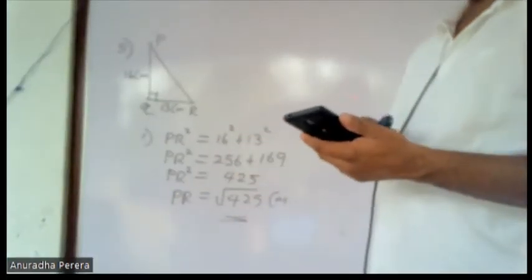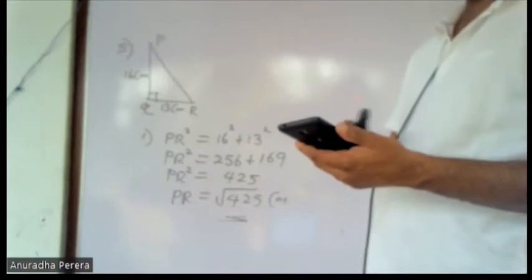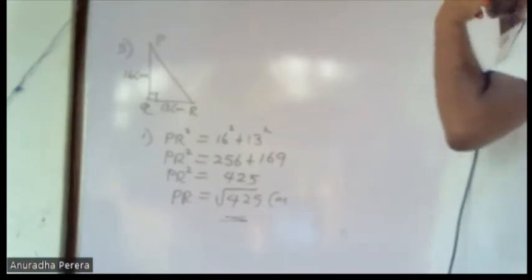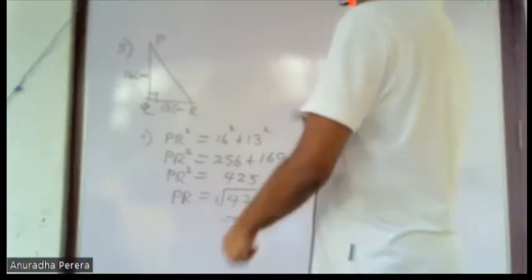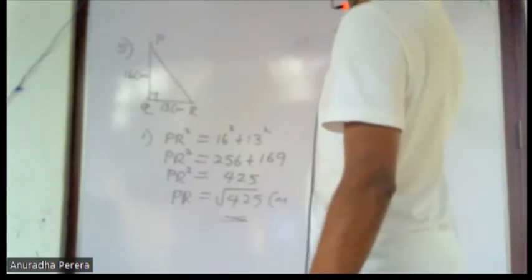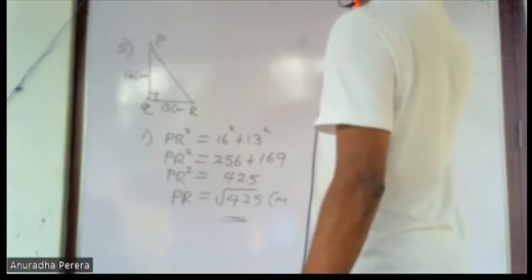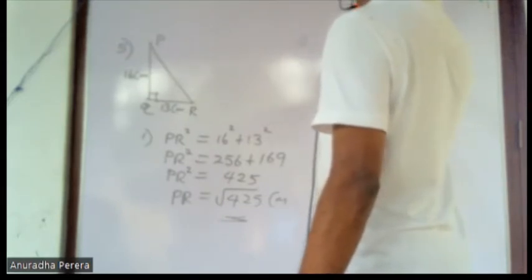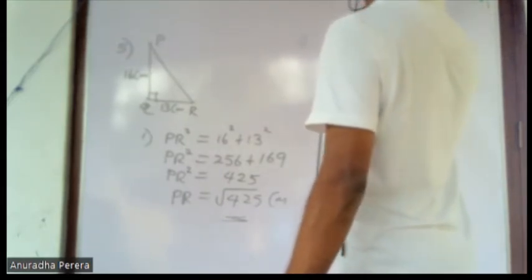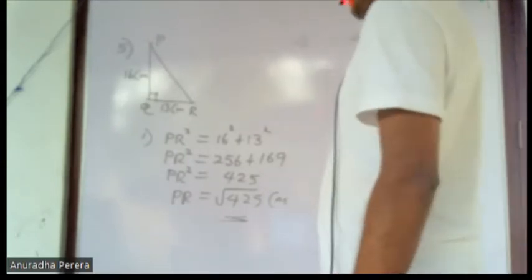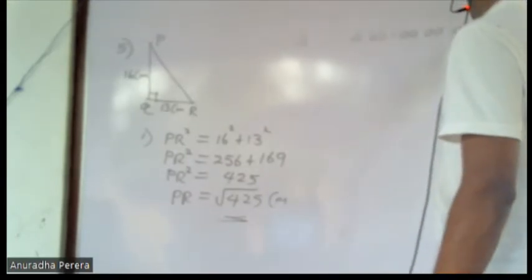Second question: find the value of PR to the second decimal place. You can use the division method. To the second decimal place means you have to find it to the third.